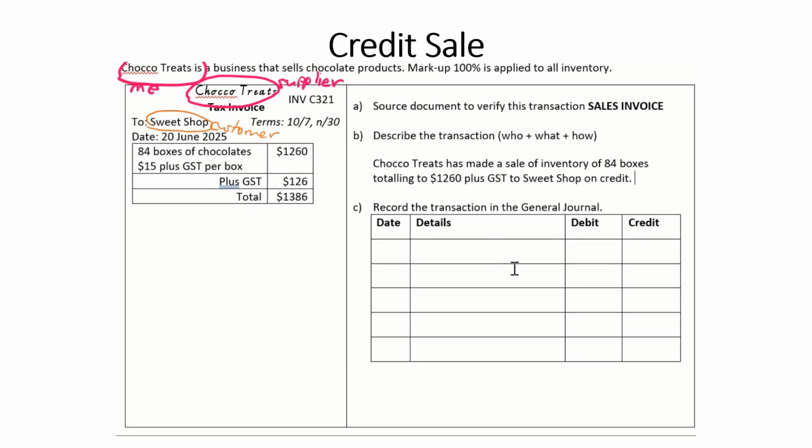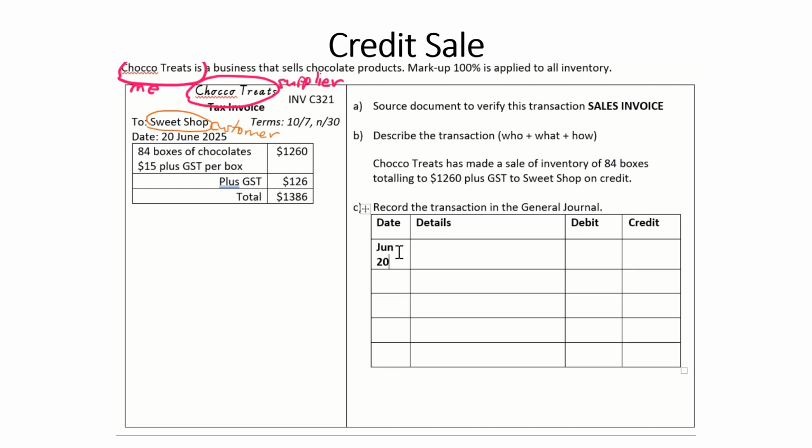To record the transaction in the general journal, we're going to start off with the date, and here we have 20th of June. Now we know this is a credit transaction, and therefore the customer owes the business money. So there's no cash transaction here, no bank, but instead we recognize an accounts receivable, which is Sweet Shop.